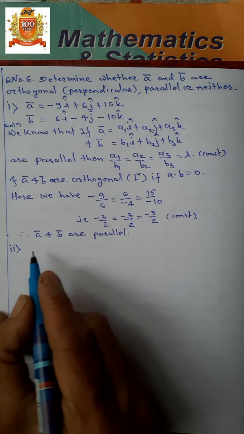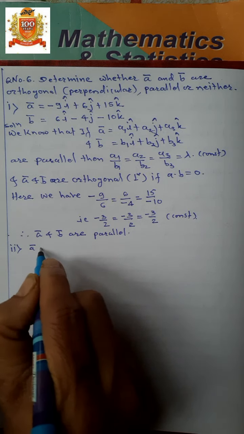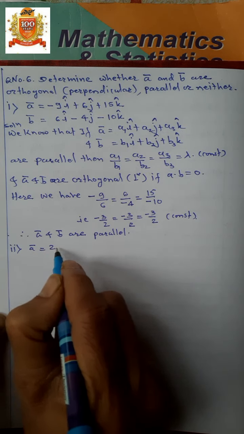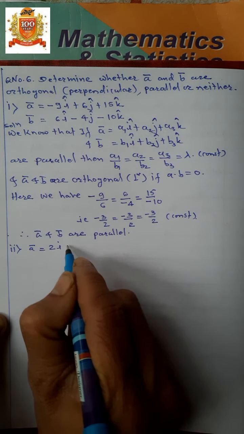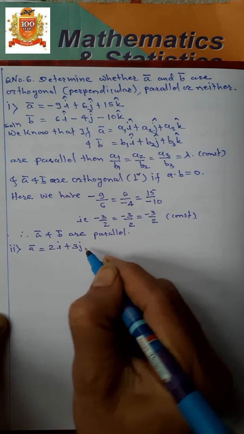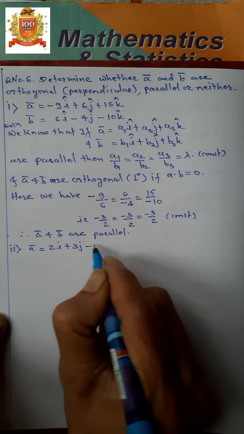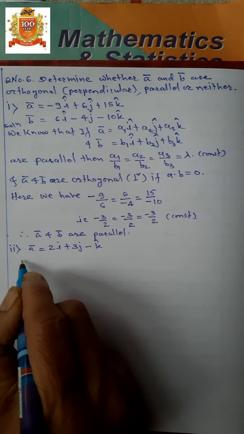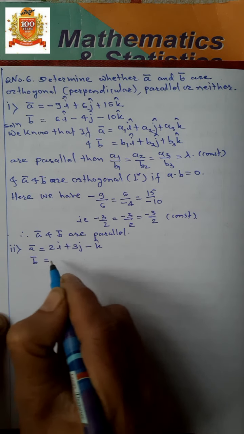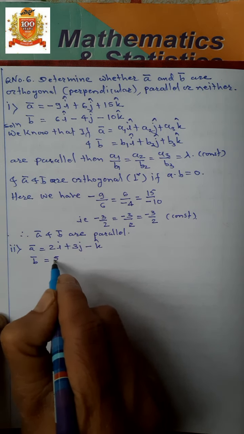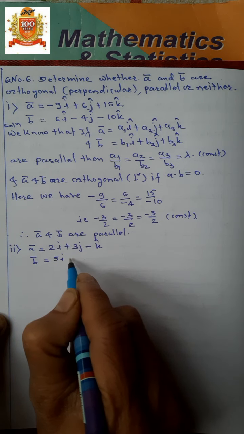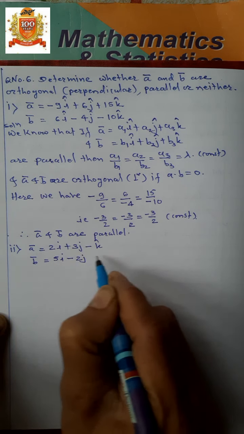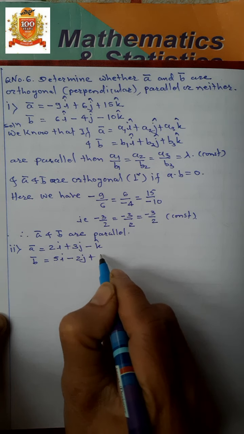A bar is equal to 2i plus 3j minus k. B bar is equal to 5i minus 2j plus 4k.